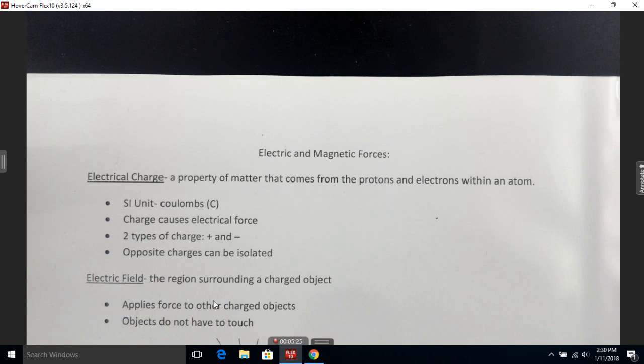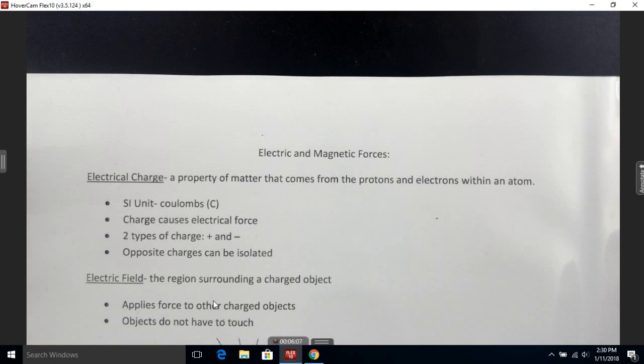A charge is what causes a force. What's a force? A push or a pull. So these charges cause a push or a pull to happen. They cause electrical force. You have gravitational force, electrical force, and magnetic force. All of those are called non-contact. What does that mean? Those forces are there and you don't have to touch.